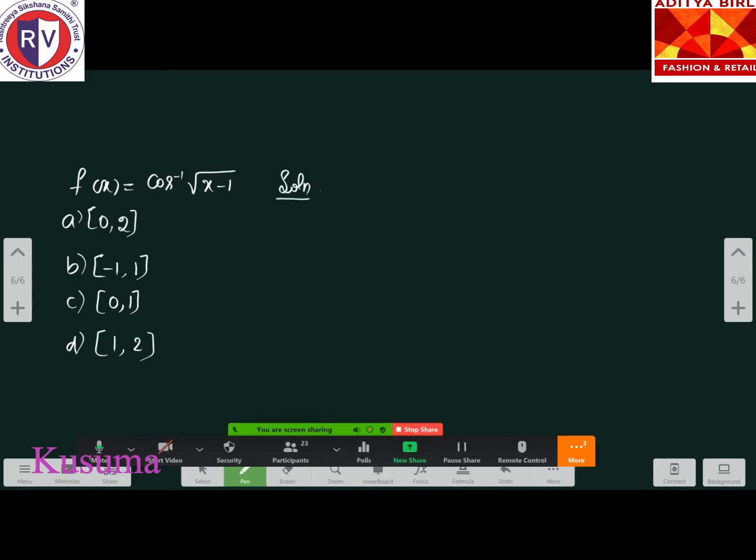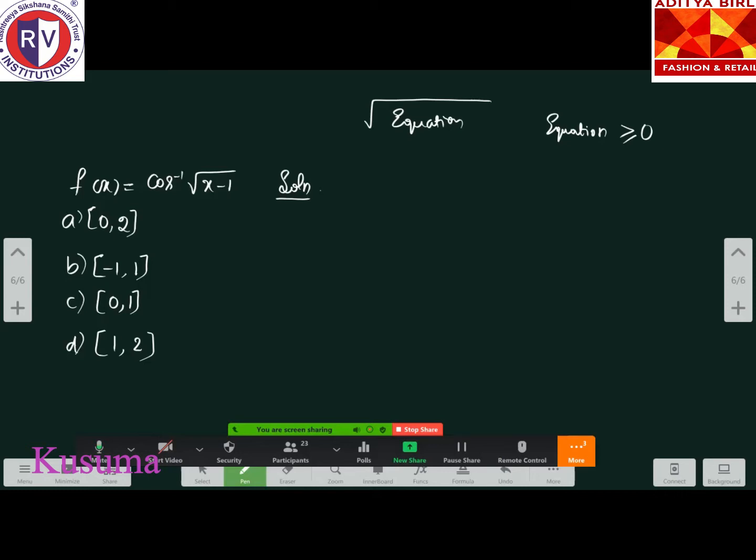Okay, so while doing relations and functions, we have seen so many functions that are actually under root. What did we do in such cases? We took the equation under the root to be positive. We considered that equation and put the condition that it must be greater than or equal to 0.